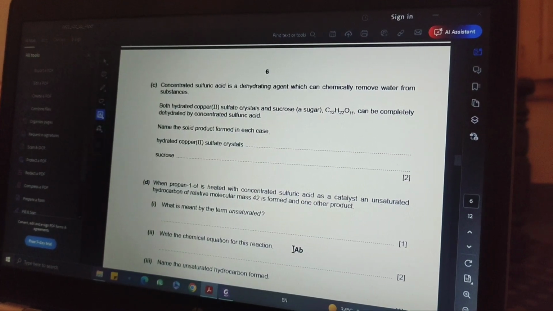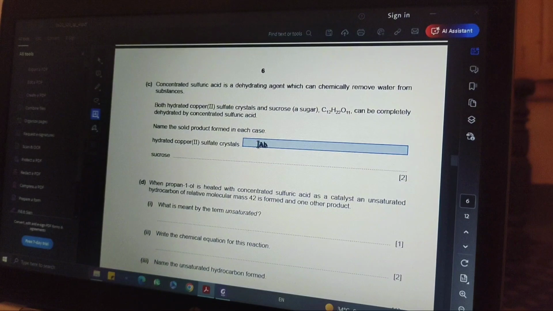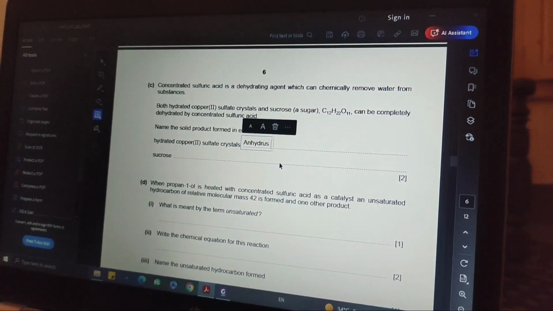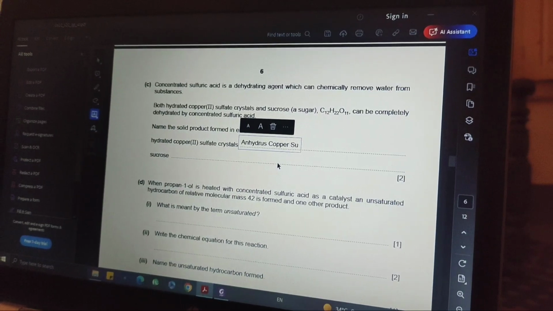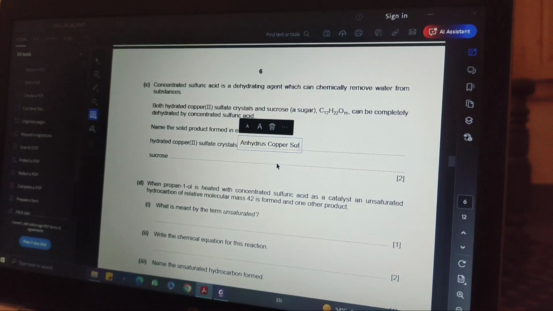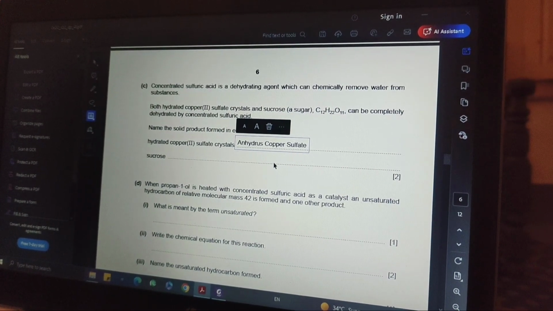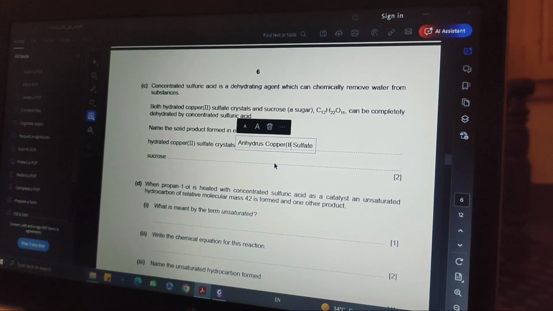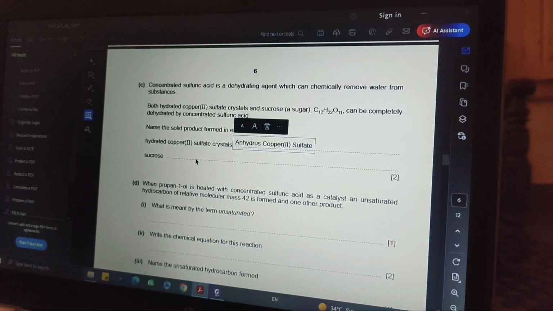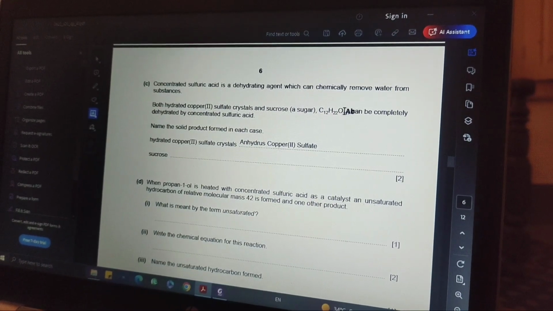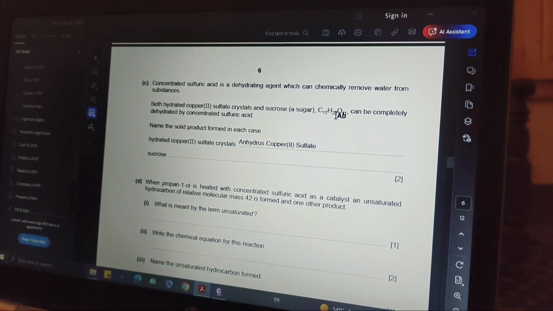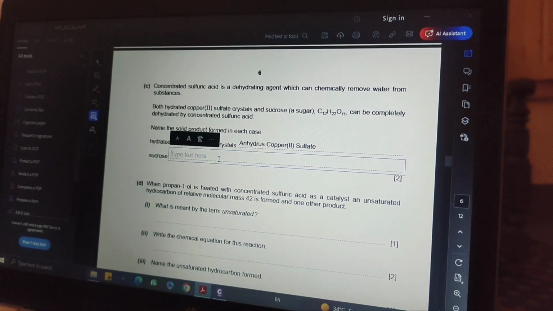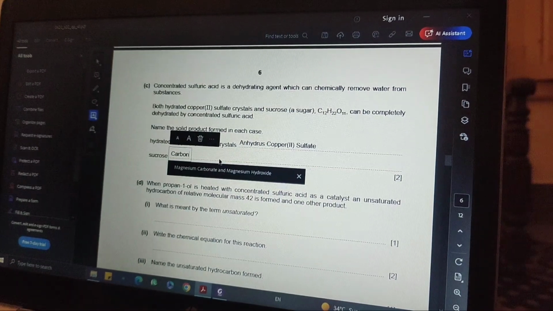So hydrated copper sulfate, when the water is removed, becomes anhydrous copper sulfate. Here we need to mention the oxidation state. And here sucrose, if you can see 11 oxygens and 22 hydrogens, which makes 11 water molecules. So here we'll be having only carbon.